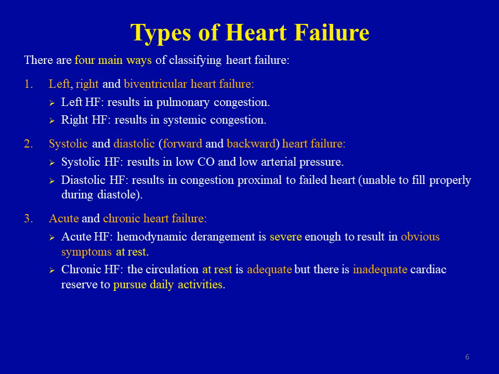In chronic heart failure, the circulation or cardiac output at rest is adequate for supplying oxygen and substrate to the tissues, but it is inadequate during daily activity, like walking, climbing stairs, or doing mild exercise. So the patient has poor cardiac reserve.